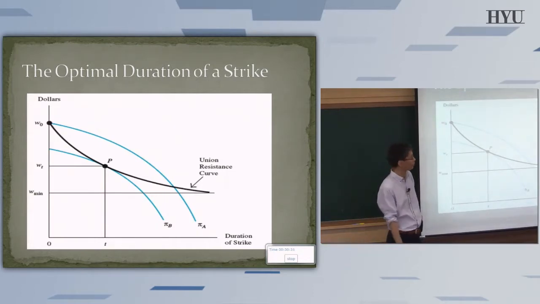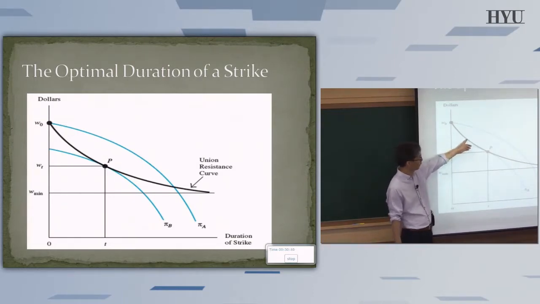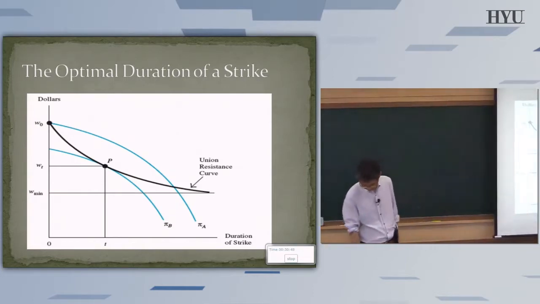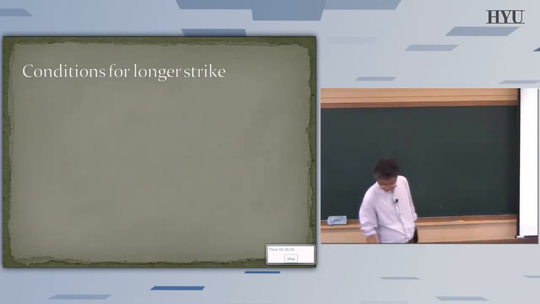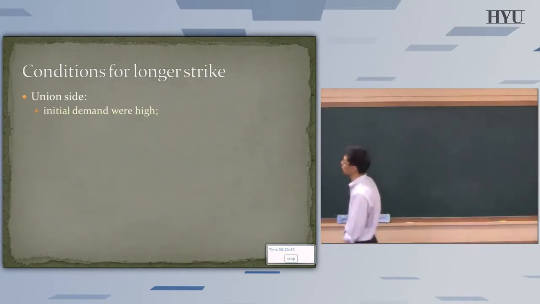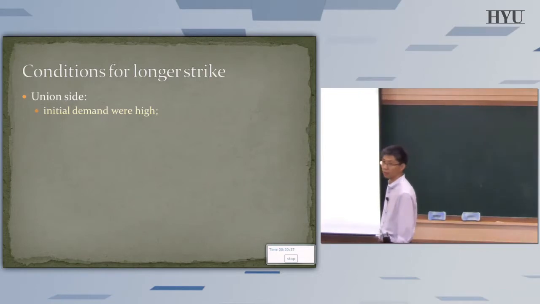So what it shows here is that the duration of a strike will depend on, for example, how the union resistance curve looks like, how the isoprofit curve looks like. In more detail, when will the strike get longer?